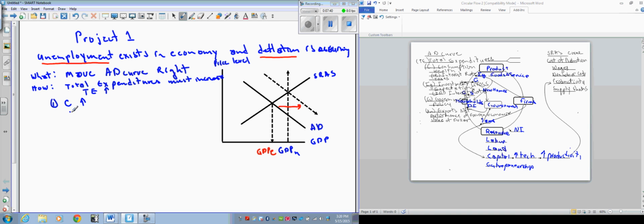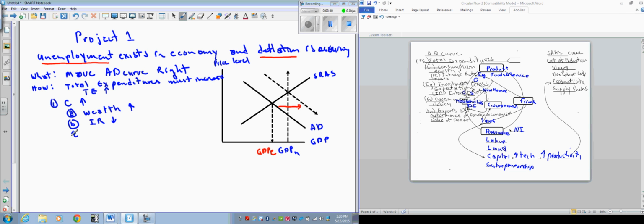And then there are three things under consumption that must happen. First of all, wealth has to increase. And the second thing is interest rates, and in order for interest rates to affect consumption, interest rates would have to decrease.